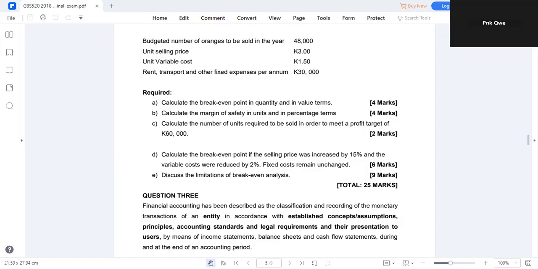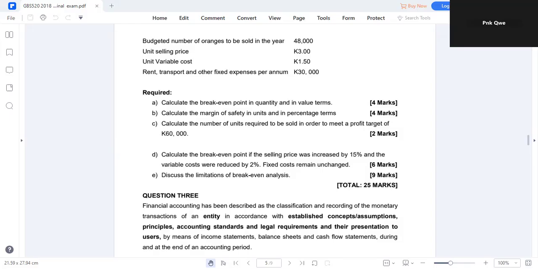Can somebody now guess if the variable cost reduced by 2% from 100, what do we remain with? This one is a tricky question you need to understand. If everything is assumed to be at 100%, and we increase our selling price by 15%, it means our new selling price will be 1.15 times the actual. If we reduce by 20% from 100%, which is 80% divided by 100, 0.8. So that is what you should know, all right?